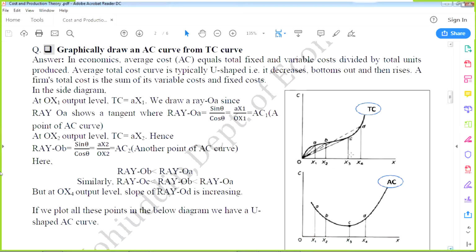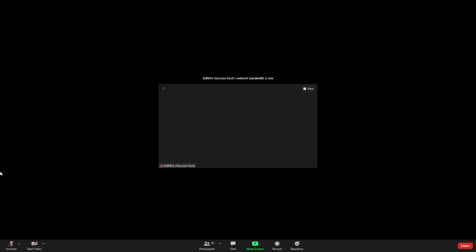It means we need to discuss something about total cost curve, then we can derive or find the average cost curve. Yesterday I said that total cost is the summation of total fixed cost and total variable cost.